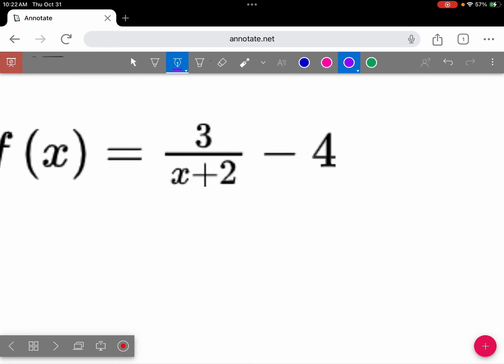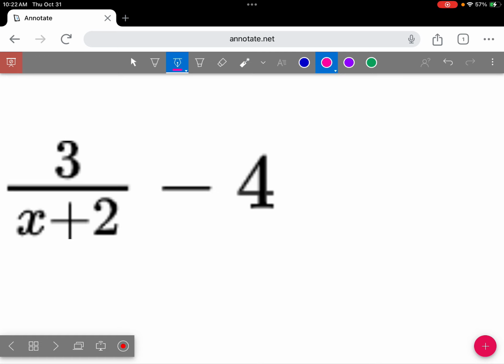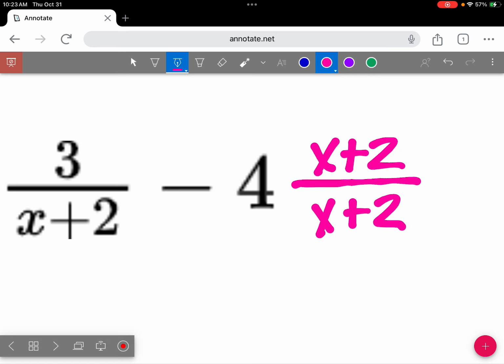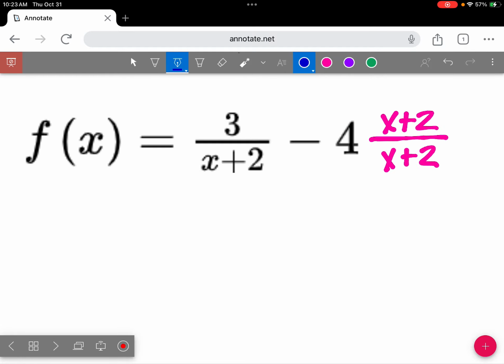All right. So on this right-hand one, same process as last time. I need to make this one fraction so we can see what's happening with our degrees. So what are we going to multiply the 4 by? x plus 2 over x plus 2. Like I said, almost everything was the same. It's 3 instead of 3x, so it's a different piece.